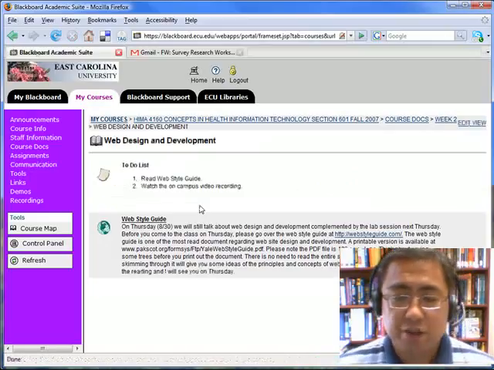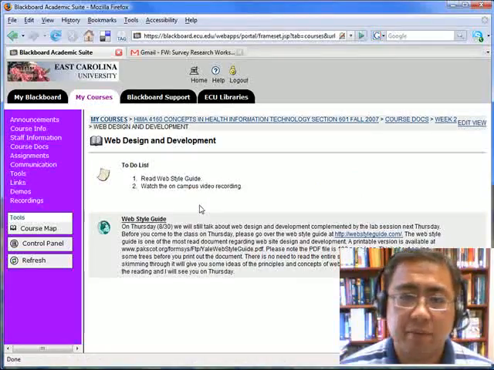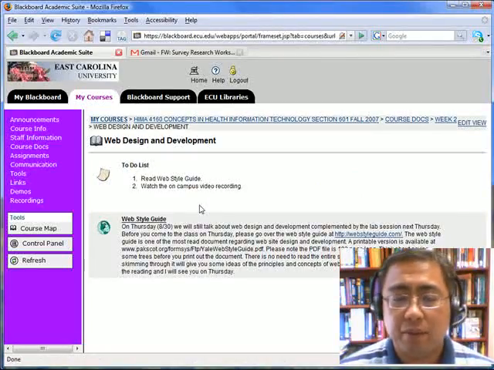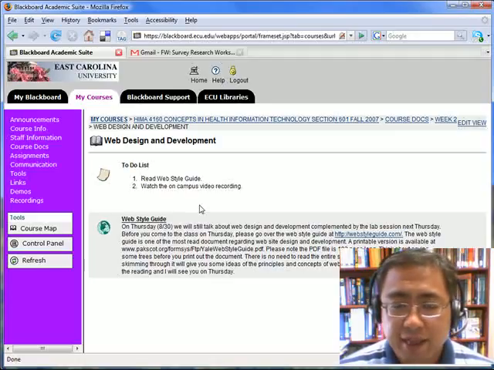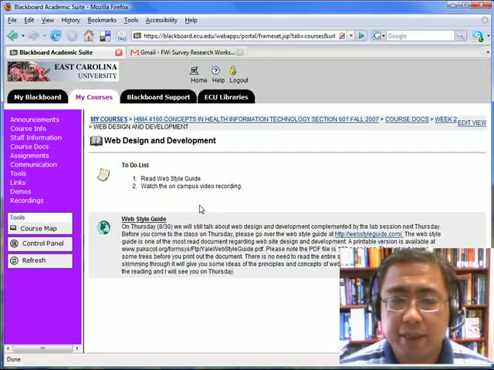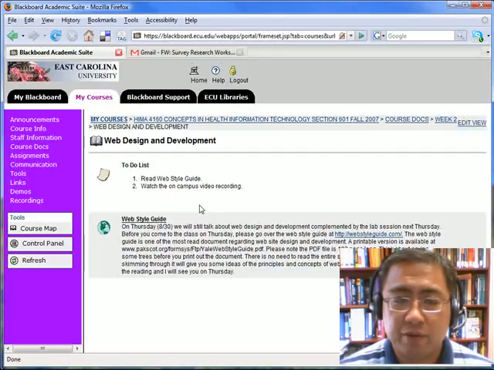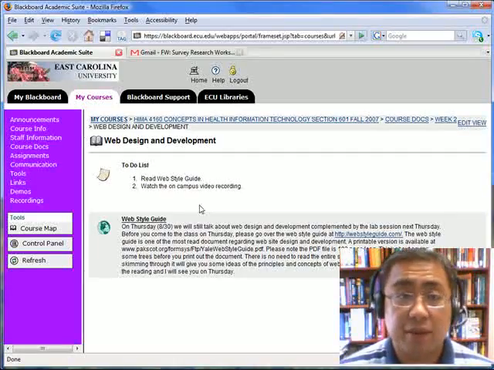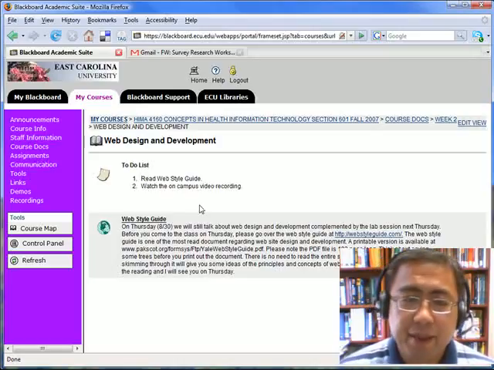For Thursday's session, we're going to talk about web page design, website design, and development. There's one document I want you to review. Actually, it is a website. It's called Web Style Guide, 2nd edition. It's compiled by 2 faculty members at Yale University, and this is considered one of the best guidelines when you try to create your own personal website, or websites for organizations and large-scale website design.